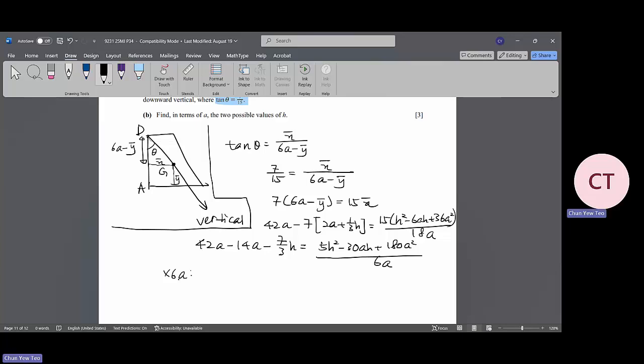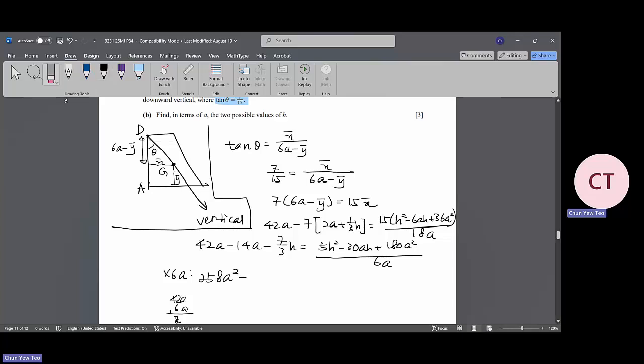Okay. So over here, if I multiply by 6A, I get this one as 2A multiplied by 6A. So this one is 8. And this one is 12.